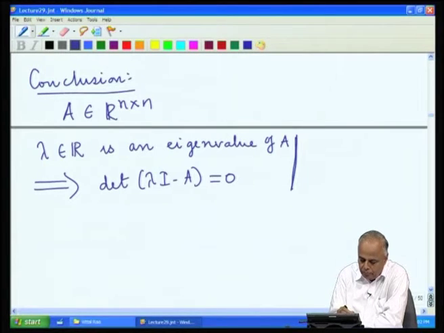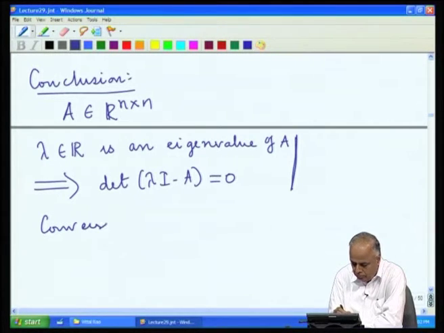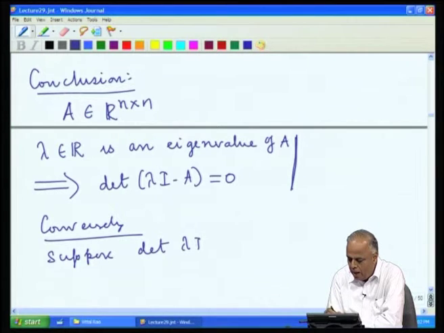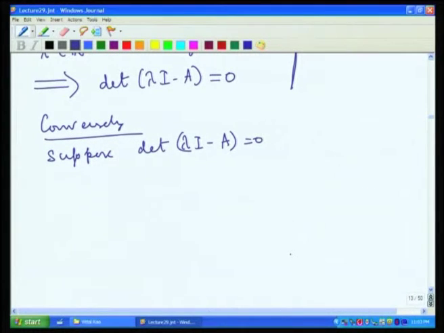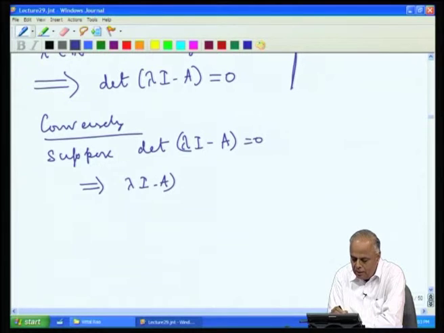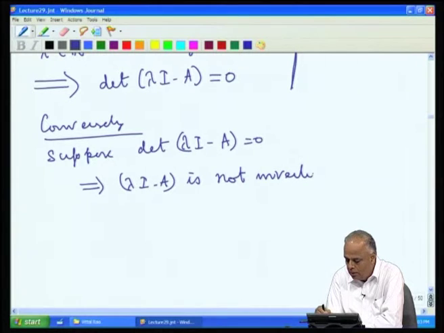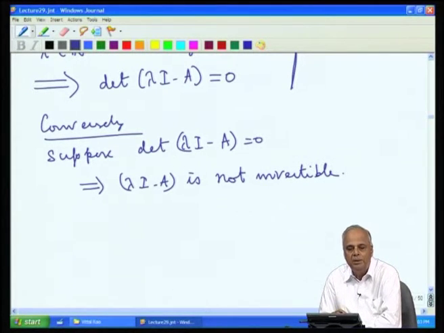Conversely, suppose determinant of lambda I minus A equal to 0. Determinant of lambda I minus A equal to 0 implies now the matrix lambda I minus A is not invertible, because the moment the determinant is 0, the matrix cannot be invertible.